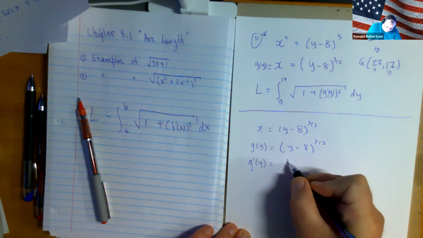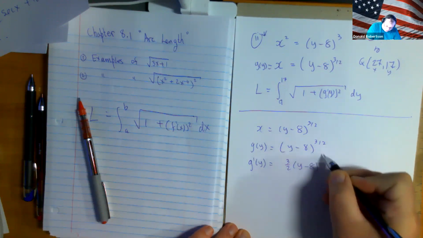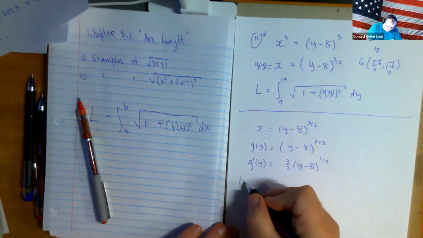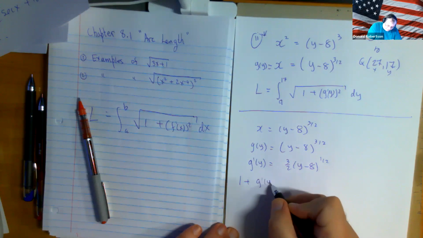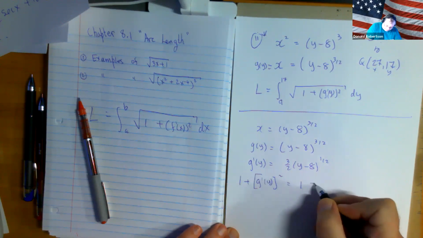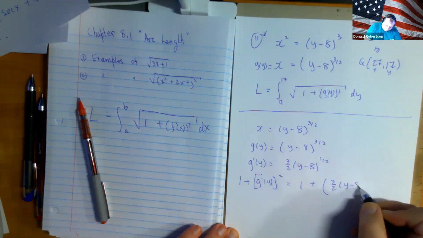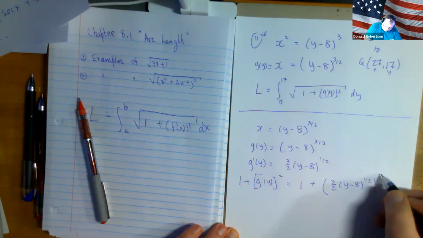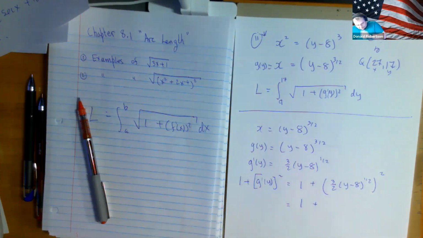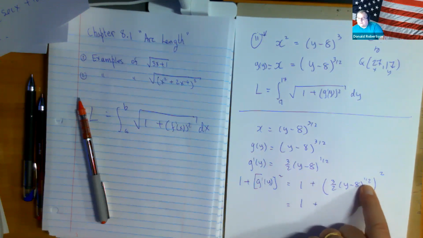Well, multiply by the power and reduce the power by 1. 1 plus the derivative squared. 1 plus, so the algebra could catch it out here. 3 over 2 y minus 8 to a half, right?